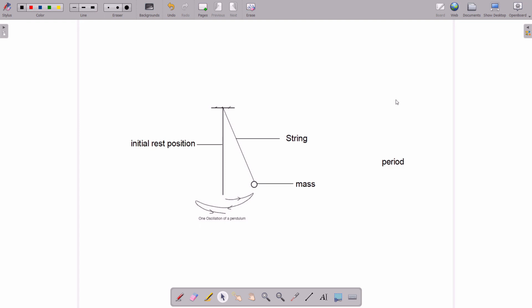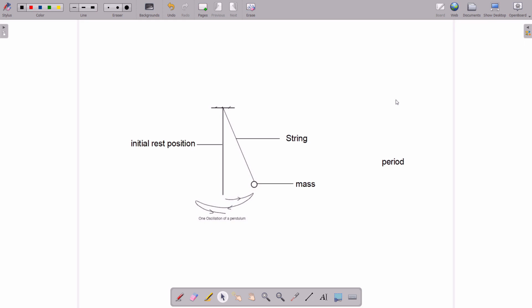How then do we find the period or the time it takes for one complete swing or one complete oscillation of the pendulum? We use a stopwatch to time it. But then to ensure accuracy of our measurement of how long a period is, usually we undergo a number of repetitions of these experiments. So we take about 20 oscillations and time them together.